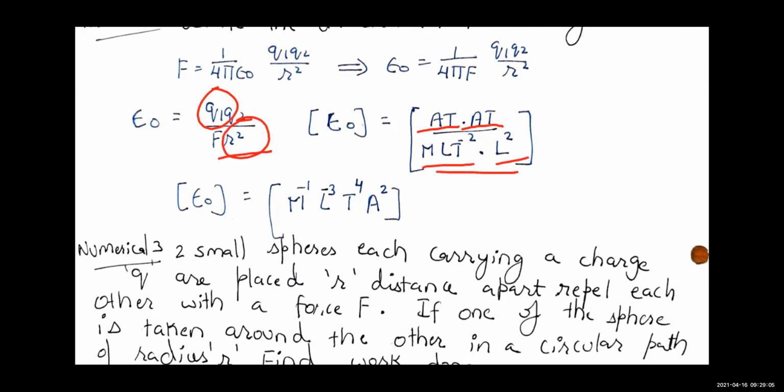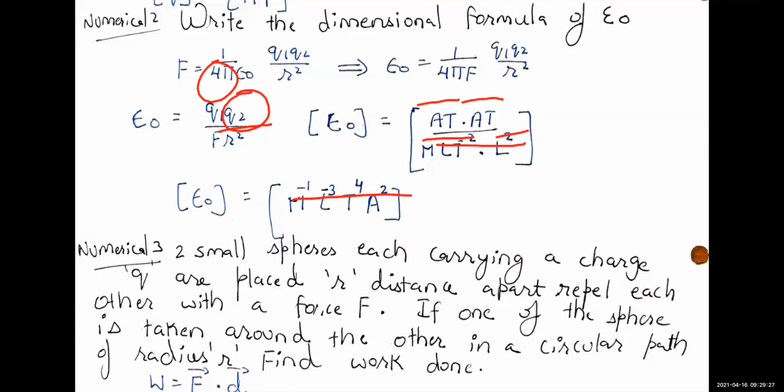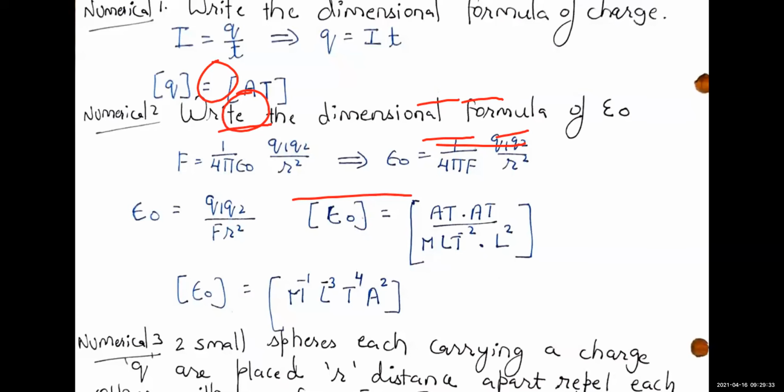So when you simplify, you will get the dimensional formula for epsilon naught, that is the electrical permittivity in vacuum: M raised to minus 1, L raised to minus 3, T raised to 4, A raised to 2. So this is the dimensional formula for epsilon naught. A 2 marks question can be asked in your exams, right, beta? Okay. Next, let's move forward.